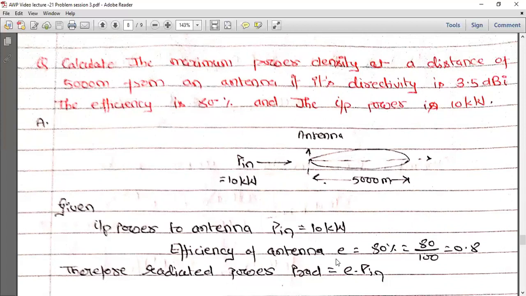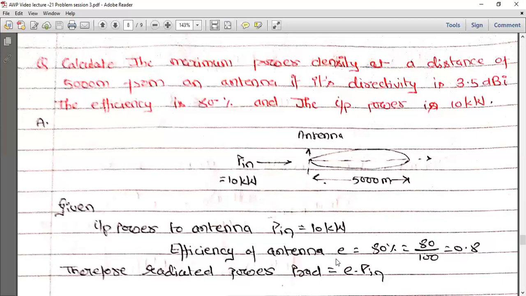So if the input power provided to the antenna is 10 kilowatt, and the same power is fed to an isotropic antenna also, the ratio of the radiation intensity of the test antenna to the radiation intensity of the isotropic antenna is known as directivity.